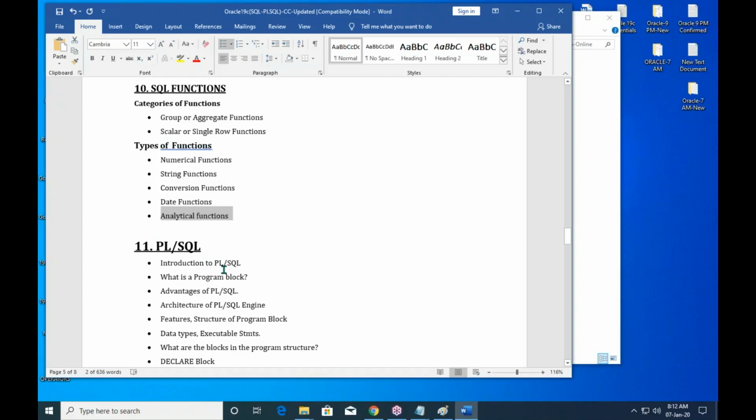What is PLSQL? It's a programming language. What is SQL? Structured query language. In SQL you are writing statements. In PLSQL you are writing programs. A program is nothing but a collection of statements. A program will do a business activity.